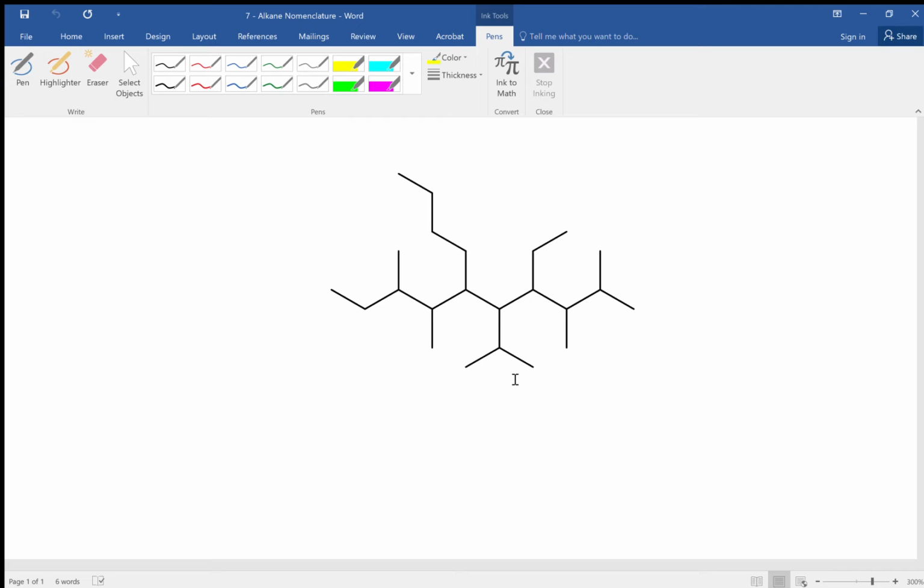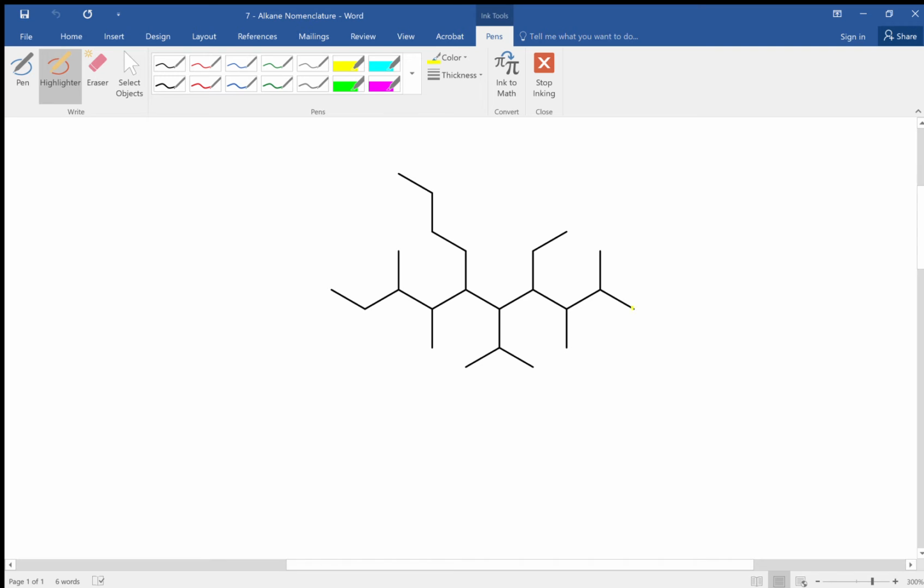And as long as we approach these in a step-by-step fashion, find the parent chain, find the correct numbering, name the substituents, combine them, alphabetize them, we end up with a lot of the same steps.